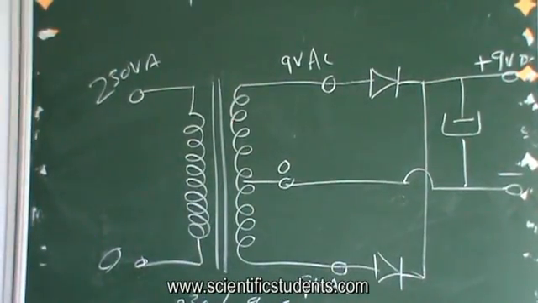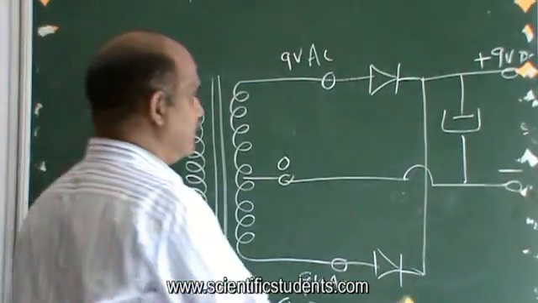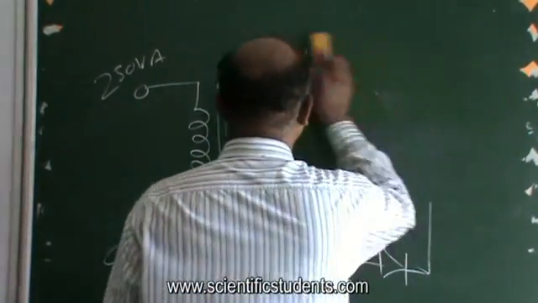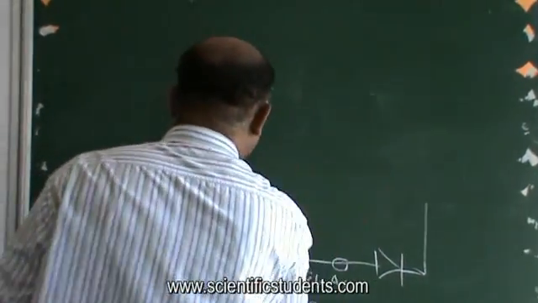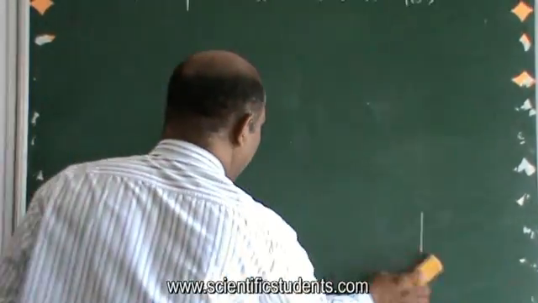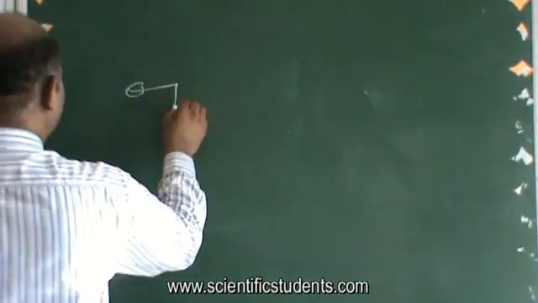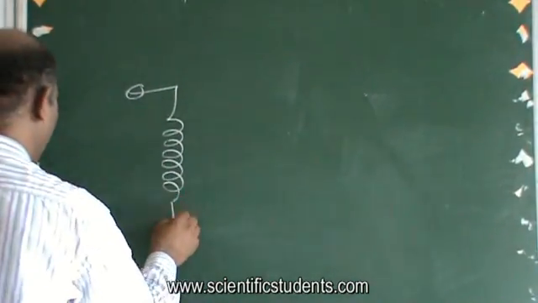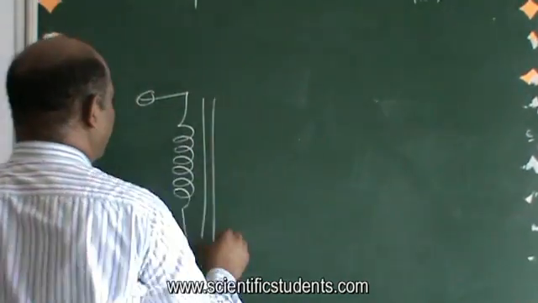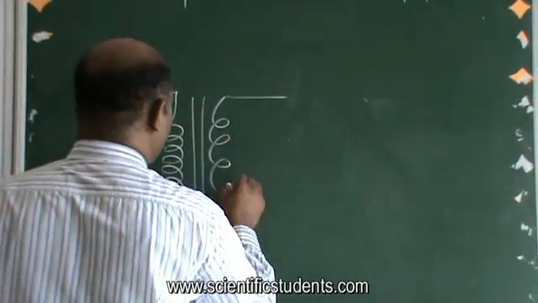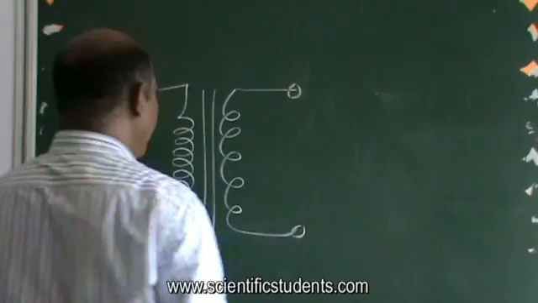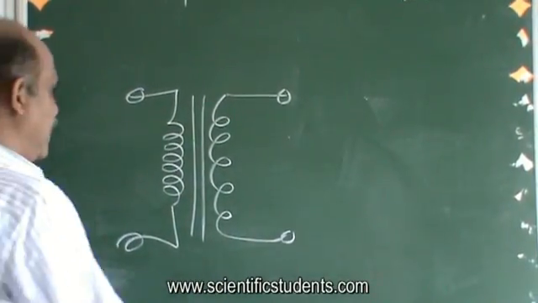And after this, another very good, interesting model, much better than this one, we have another model called bridge model, full wave bridge. So we have a transformer here, and lamination, and these days you get a bridge.